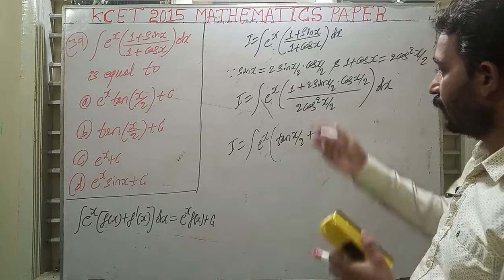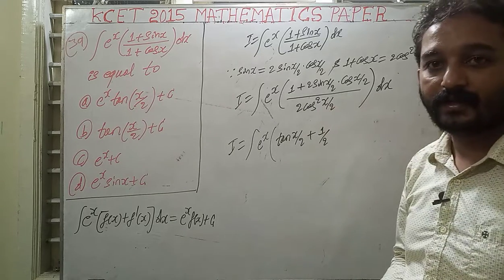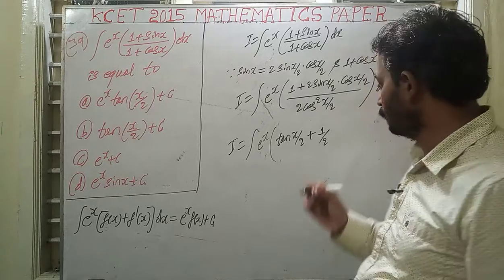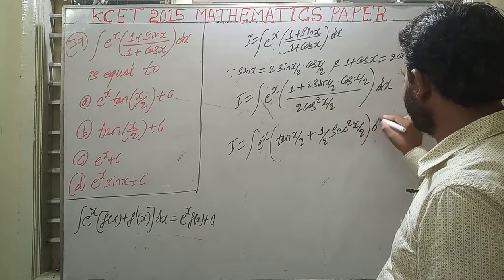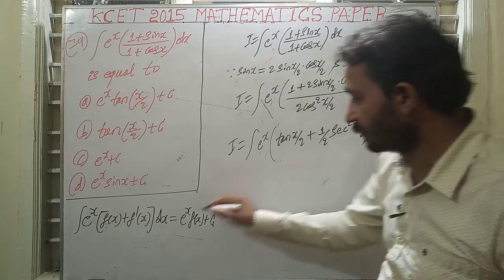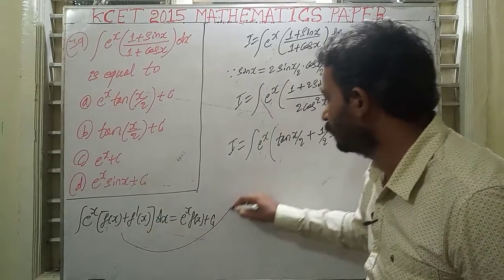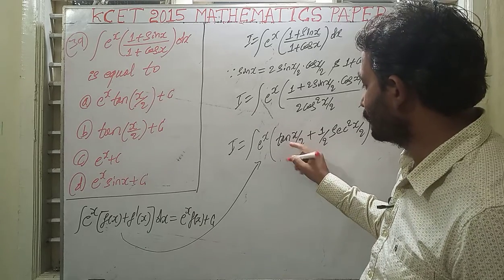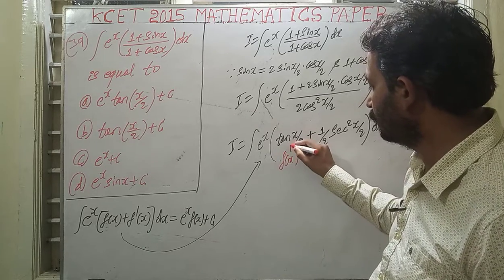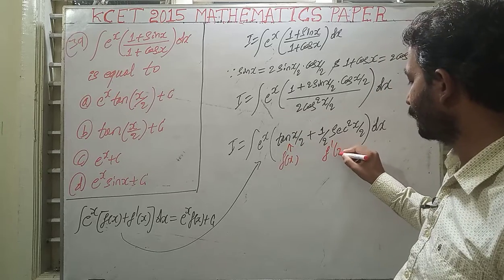In the same way 1 by cos square x by 2 can be written as secant square x by 2, with respect to x. So now it is in the form where this is f of x, this is f dash of x.